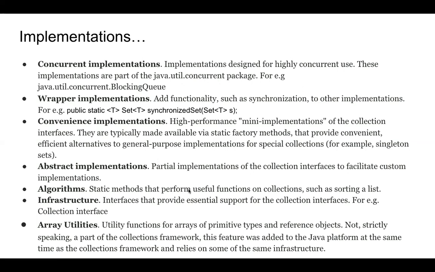So I hope the fundamentals are clear for today. In the next lecture, we will dive into seeing all these implementations in action and how you will use them depending on your need.